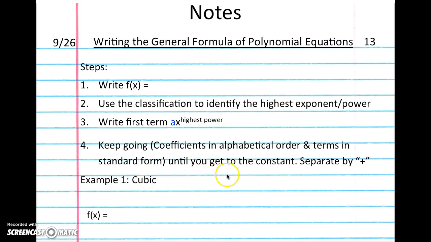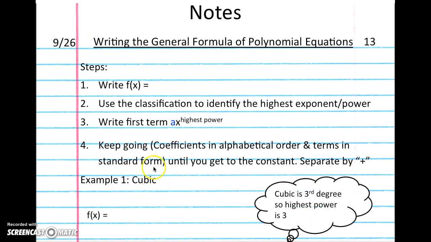I know it's a cubic function, so this is where I have to do some thinking. A cubic function is third degree, and the degree is equal to the highest power. So I know that the highest power here is going to be 3. So my first term, leading into the third step, which is writing the first term, is going to be a, the coefficient, x to the third power. So ax cubed is what I have here.